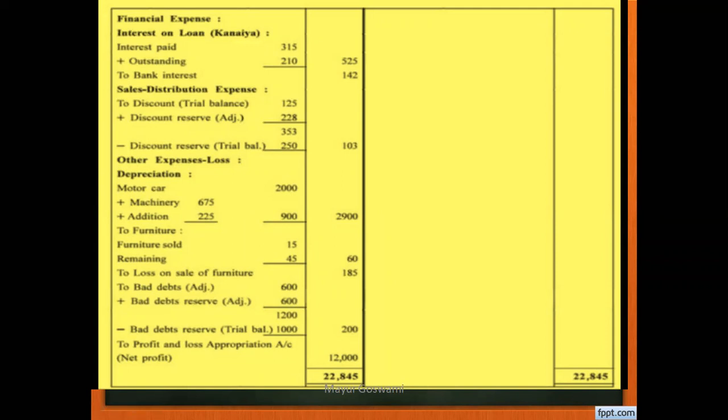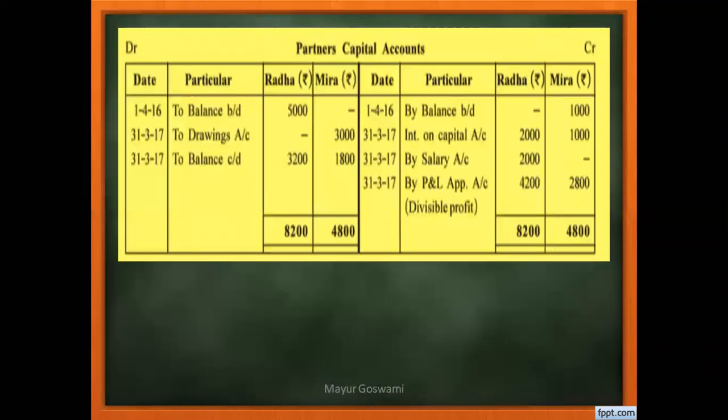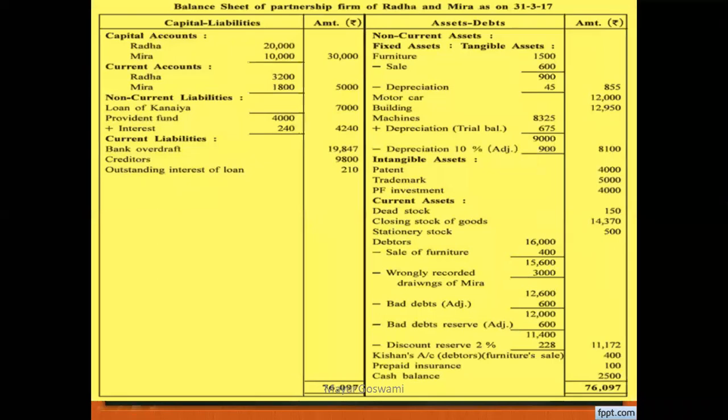Then building, which is our asset, come to the asset side, write down building, no adjustment we have. So in the outer column we have 12,950. Then we have stationery stock.